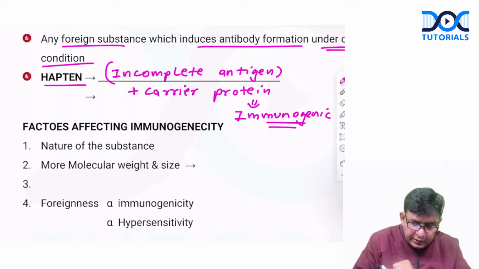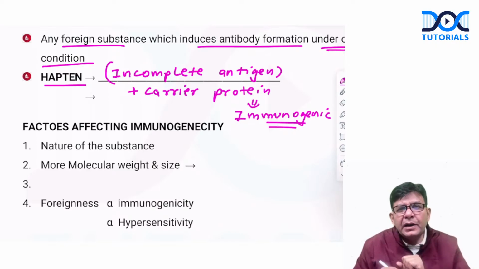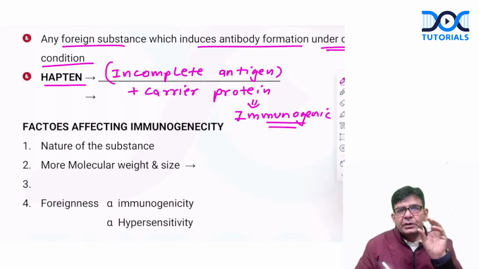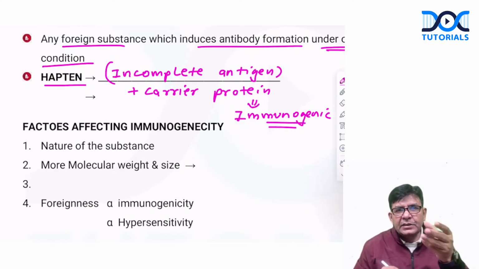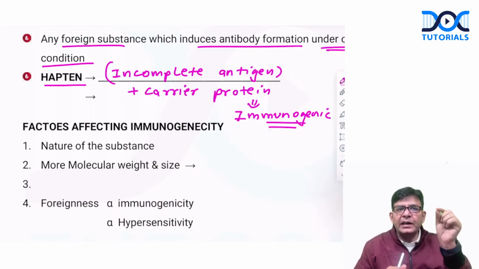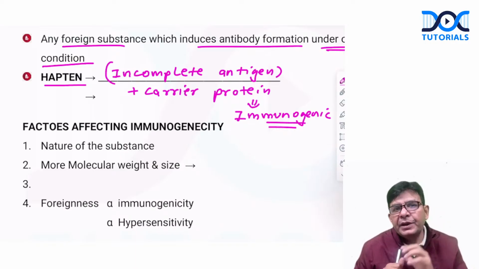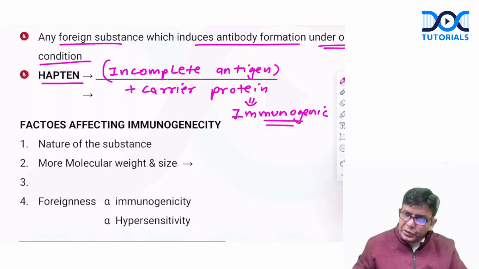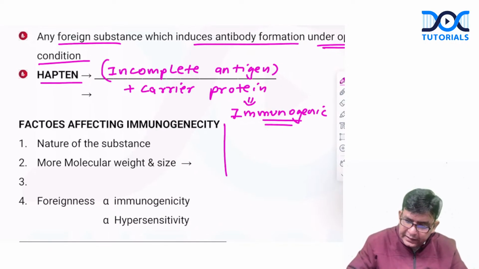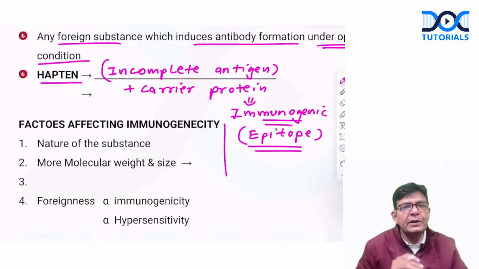Now, what is the smallest part of the antigen which binds with the antibody? Means the smallest part of the antigen which touches the antibody, which particular part? So guys, you should know this name also: there is a substance termed epitope. Okay, this is a structure made up of amino acids.